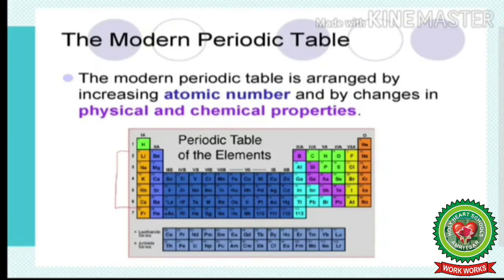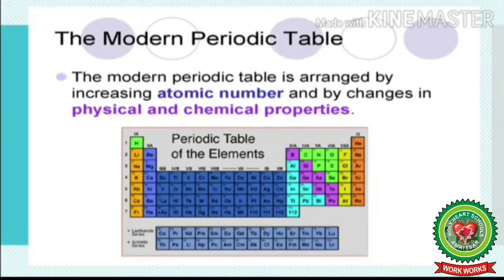Groups 1 to 7 are divided into subgroups A and B. Elements of subgroup A, that is, elements of groups 1A, 2A, 3A, 4A, 5A, 6A and 7A, are known as main group elements, representative elements or normal elements. Their outermost shells are incomplete.